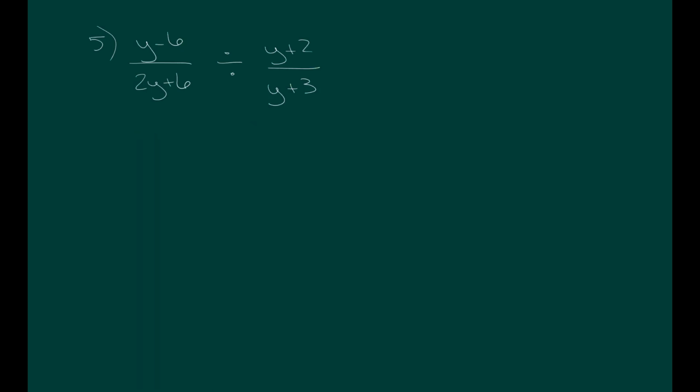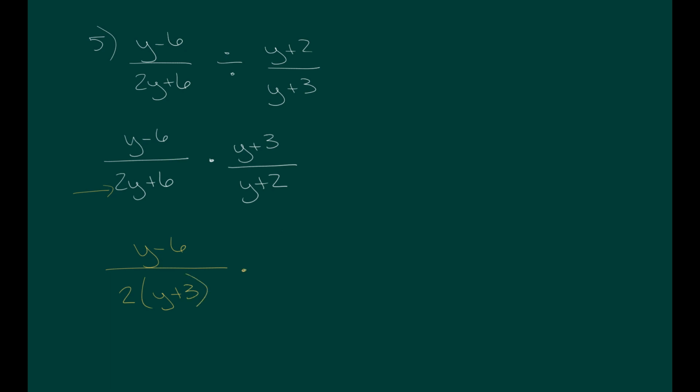We have another division problem, so I'm going to write the first fraction as it is. So y minus 6 over 2y plus 6 multiplied by, flip it, y plus 3 over y plus 2. I'm going to factor where I can, which is really just that denominator. So I've got y minus 6 over, I can factor out a 2, get y plus 3, times y plus 3 over y plus 2.